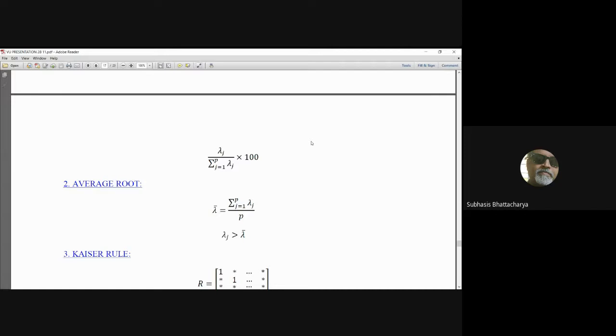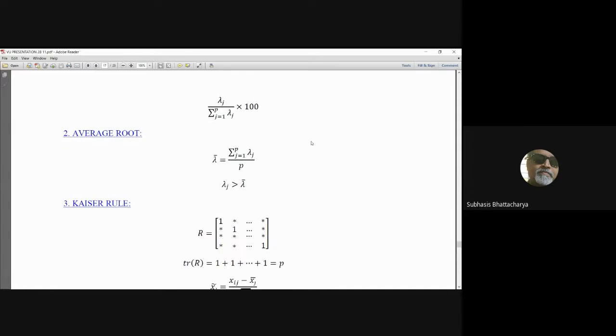Now the question is up to which level I have to select. The first one is the cumulative percentage, that is one way. Then there is another thing, the average root: you find the average lambda, dividing by the number of variables, and those lambdas that are above the average, you choose. That is the average root rule.